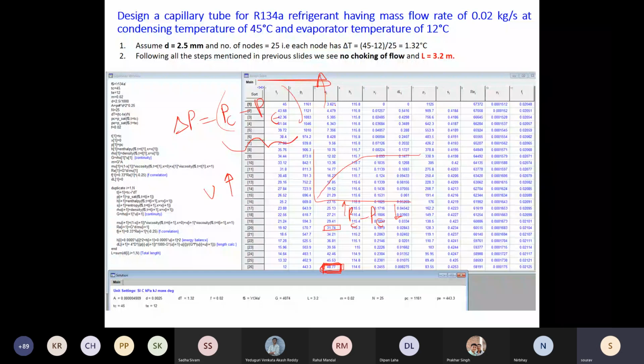And now remember that once this diameter is fixed, you cannot change it. So that is the biggest issue with the capillary tube, which is a fixed opening. Let's say you had a valve and it got choked at a particular opening. You can increase the opening to bring it back to the non-choking flow condition. You do not have that provision over here.